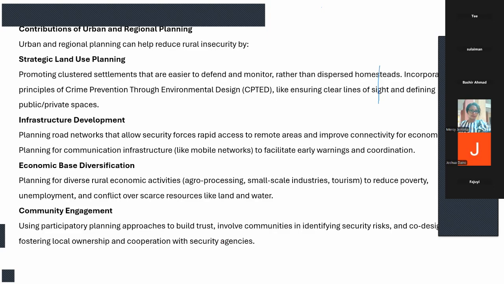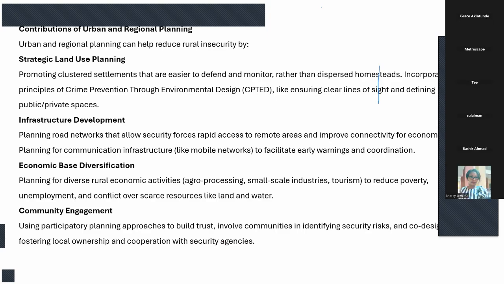So we also have economic diversification. In the rural areas, we can have agro-processing and small-scale industries. These small-scale industries will probably reduce poverty and unemployment, and this can also reduce the number of criminals, because most of these criminals involve themselves because of unemployment.